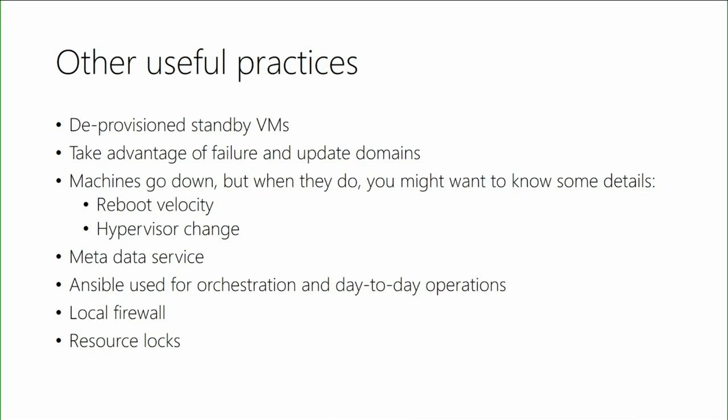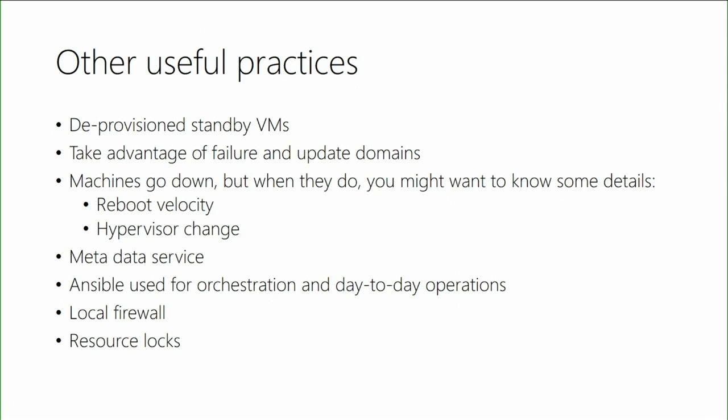Some other useful practices, perhaps worth mentioning: deprovision standby VMs. Not sure how cool this sounds, definitely not as cool as just using the API to create new VMs, but actually rather practical. With some of the services, it's hard to predict exactly how much capacity you need. And sometimes the provisioning steps still take minutes, maybe 10 minutes, maybe 15 minutes, and this might not be good enough for you.